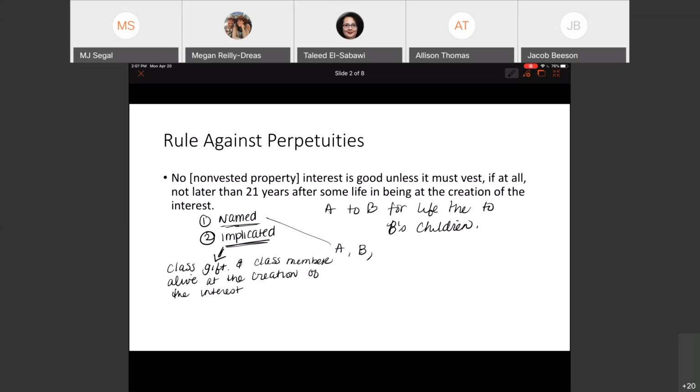What do I mean by that? Well, let's take the same problem we have here. And let's say that instead we know that B, at the time of the conveyance, has 2 children, Tom and Jerry.